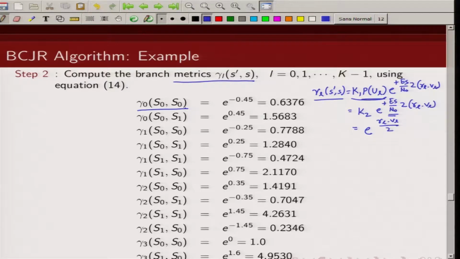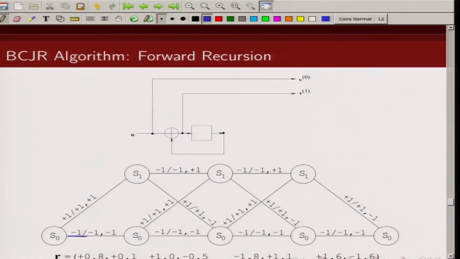Let us take this gamma at time t equal to 0, when the initial state is S0 and final state is S0. So, what is this? This corresponds to the branch metric for this path. This is time t equal to 0, initial state is S0, final state is S0. Now, what is RL? What is the receive sequence corresponding to this trellis section? The receive sequence is given by this: plus 0.8 and plus 0.1. Now, what is the VL corresponding to this transition?